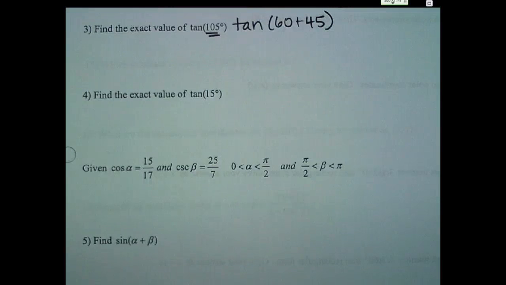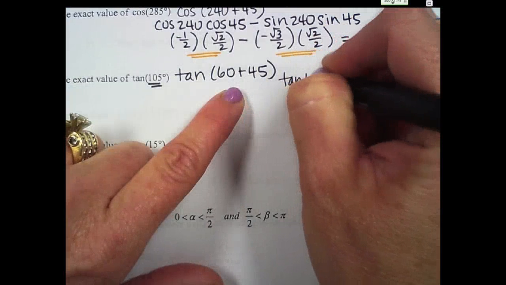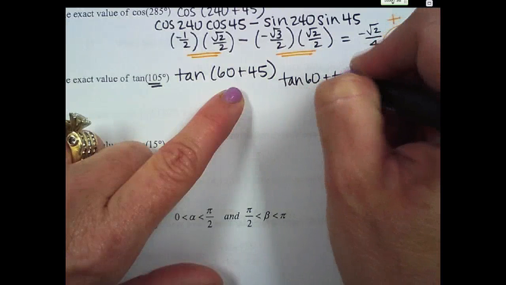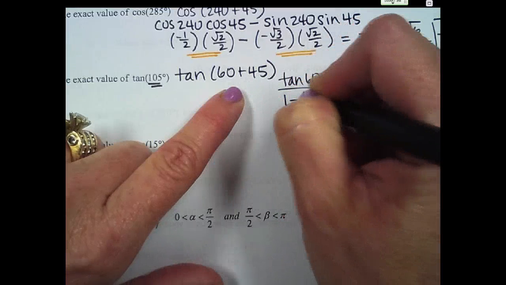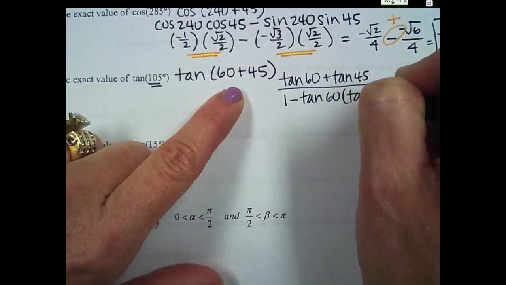If you use those values, you can look at your formula chart and expand it. It turns into tangent of 60 plus tangent of 45 over 1 minus tangent of 60 times tangent of 45.